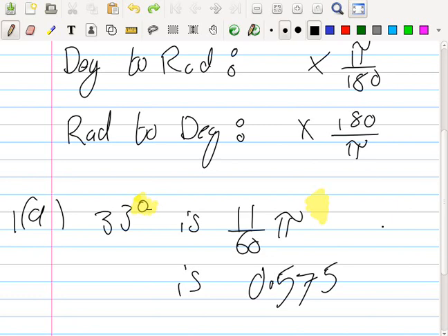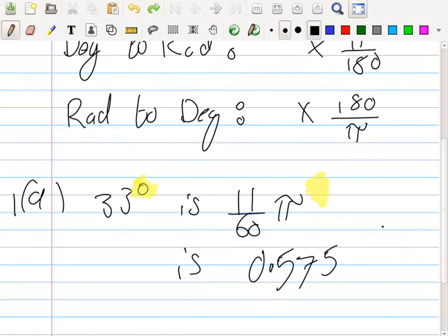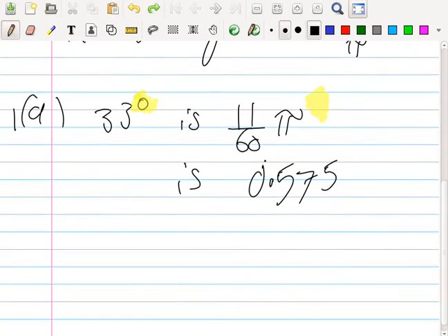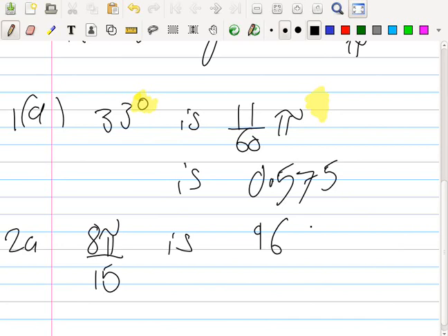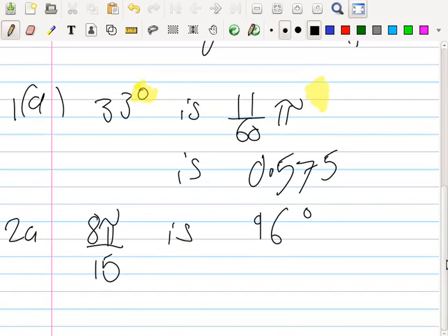Now, 2a. So 2a is in radians. I want you to tell me now what it is in degrees. So calculator time again. 96 degrees. Is that right, yes? Yes. And then one more, 2p.